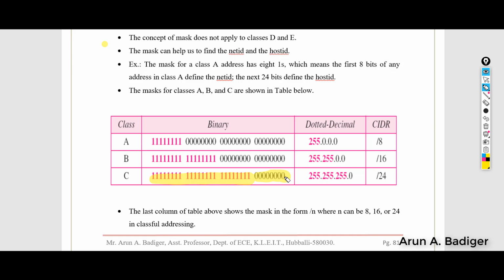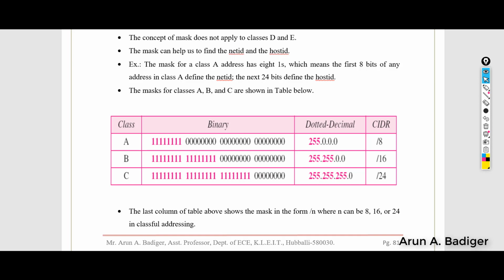So 8 bits means 2 to the power of 8 will give you only 256 hosts, which is very less in number. Any small institution will have a huge number of devices, and with just 256 IDs it is very difficult to manage the network. So these are the disadvantages. Therefore people started using subnetting and supernetting.